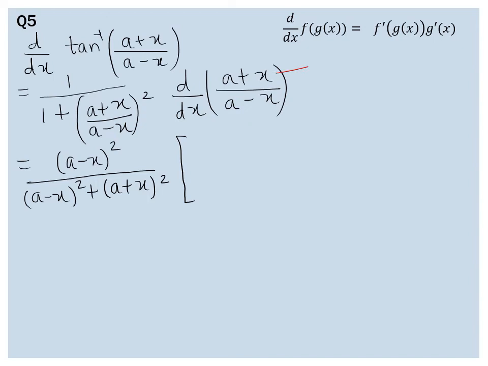So this a plus x is u, a minus x is v. Here we need to apply the quotient rule, and it is v, that is a minus x, into the derivative of u.